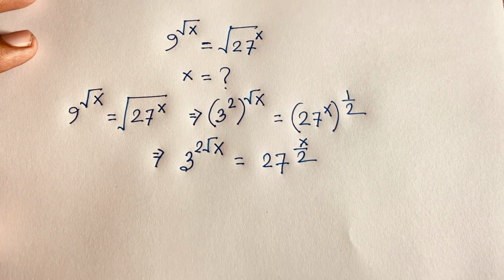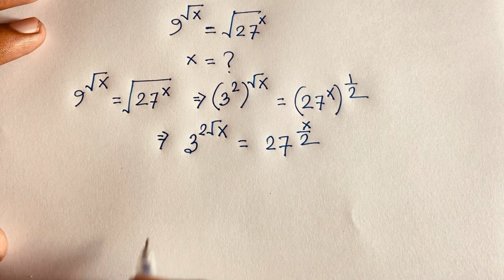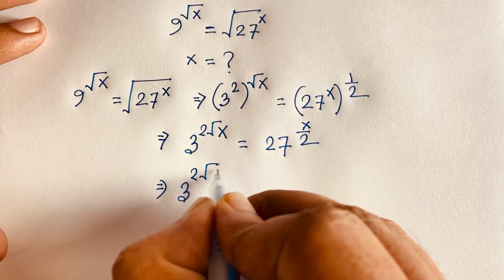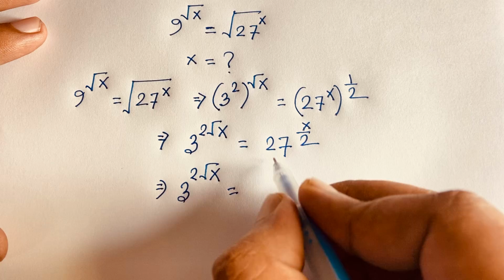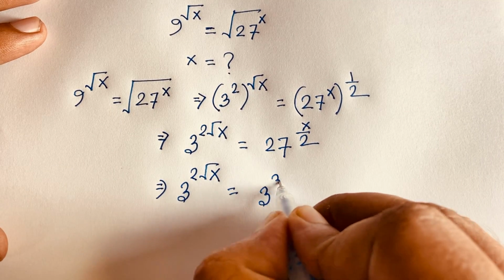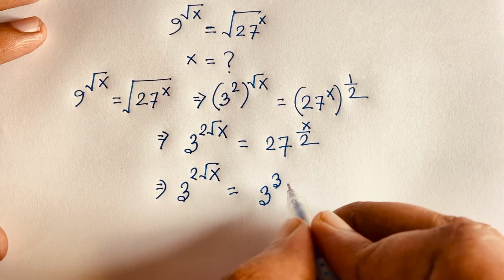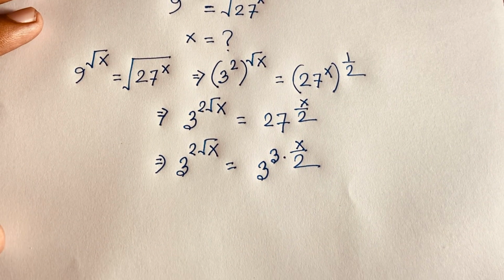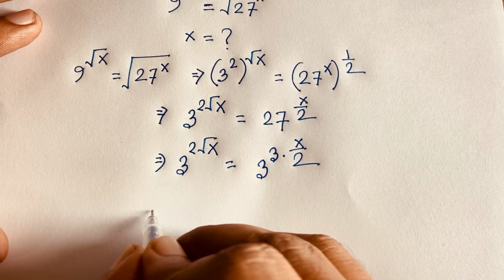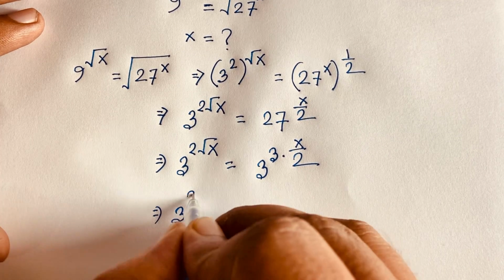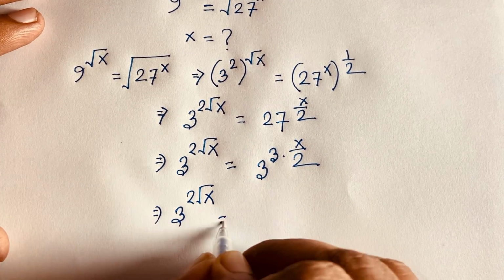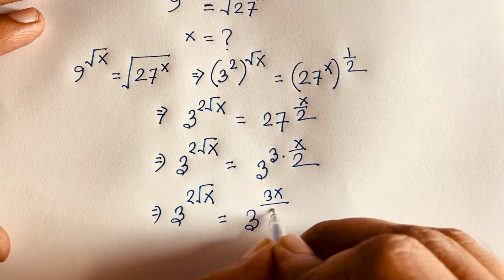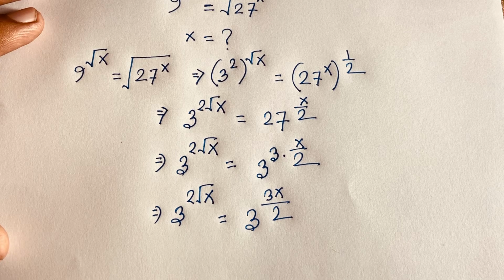Then this equation becomes 3 to the power 2 square root x is equal to 27, which is 3 to the power 3. Look, 3 times 3 times 3 is 27, to the power x over 2. Then this equation becomes 3 to the power 2 square root x is equal to 3 to the power 3 times x, which is 3x over 2. I solved this question step by step.